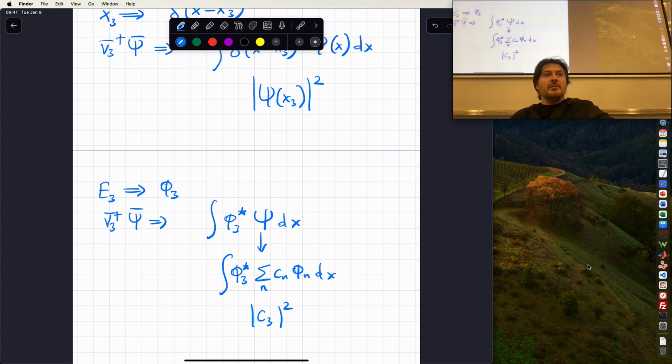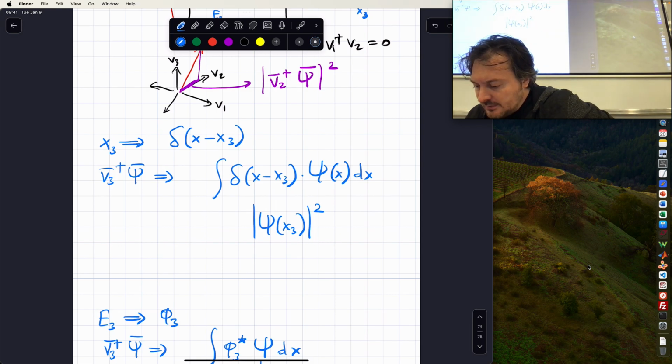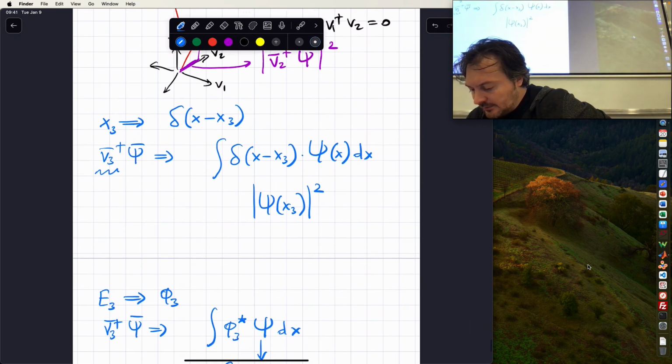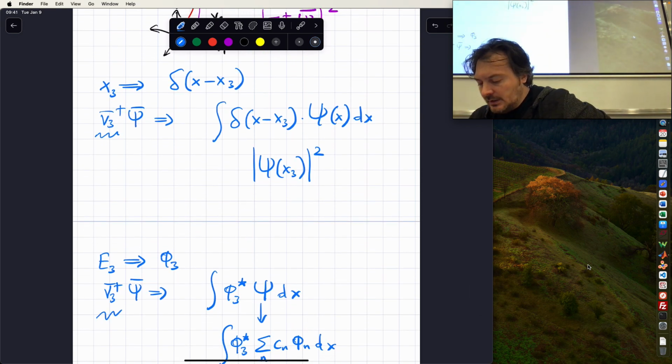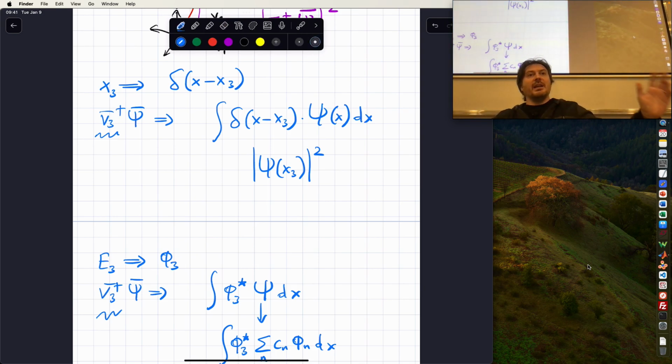On the letter you write, V3: so do you mean that I used V3 for this one and for this one? Yeah. I don't know any other letter that represents vectors so nicely. So P, Q? This is just an arbitrary letter. I'm trying to say that that's a vector for energy.